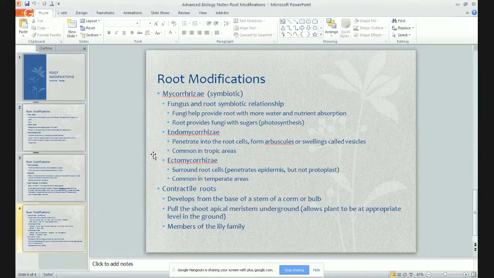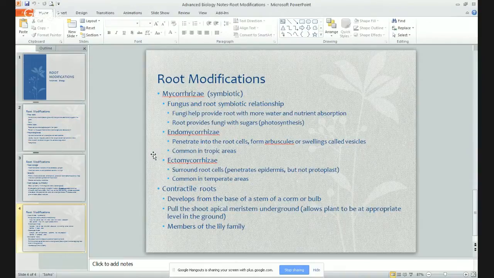This particular version is very common in the tropic areas. So you're going to get these branch structures, like I said, either arbuscules or swellings within the cell called vesicles.